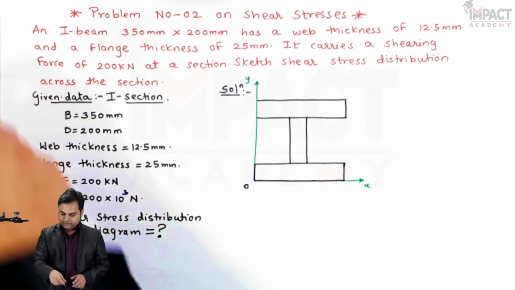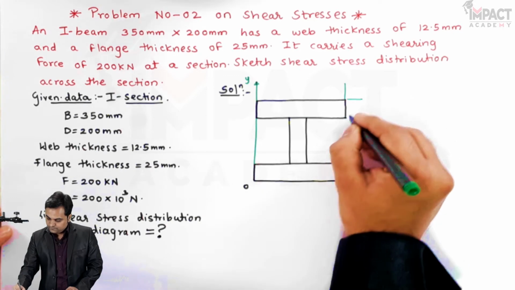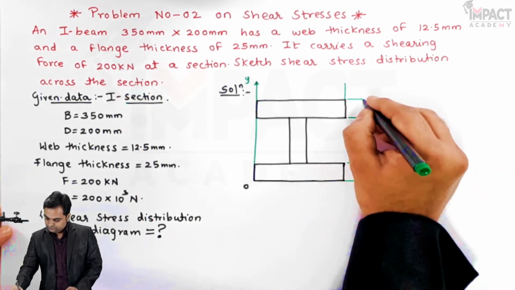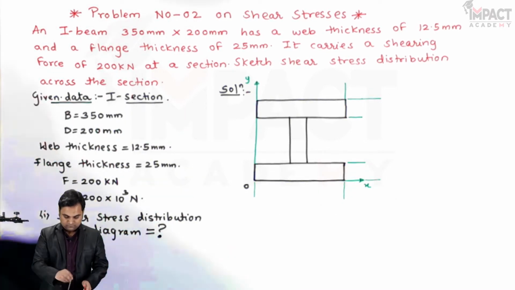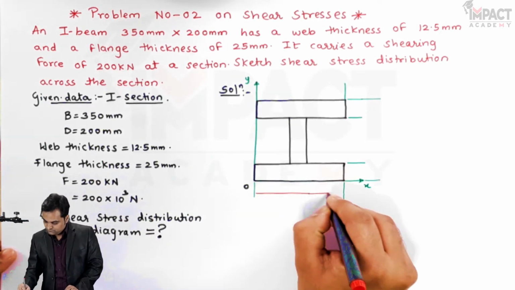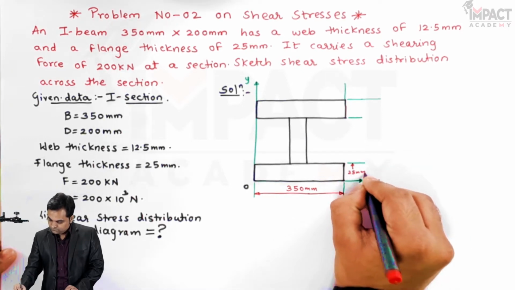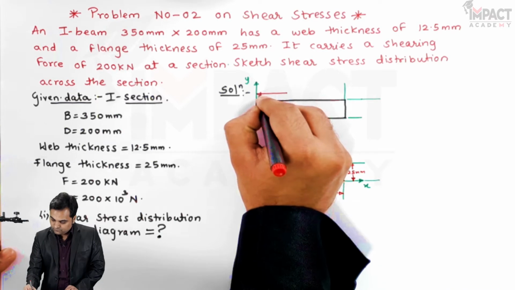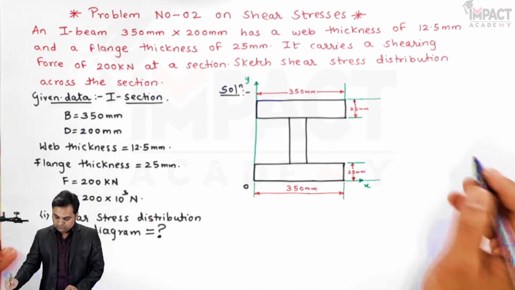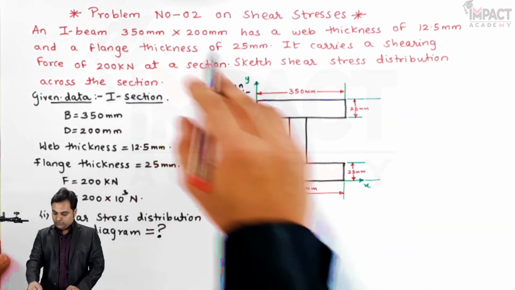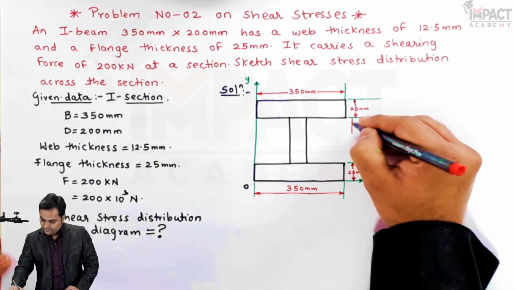Now giving the dimensions to it. Since the total height or the total depth is 200, here we have 25 plus 25, that is 50. So the remaining height is 150 mm.